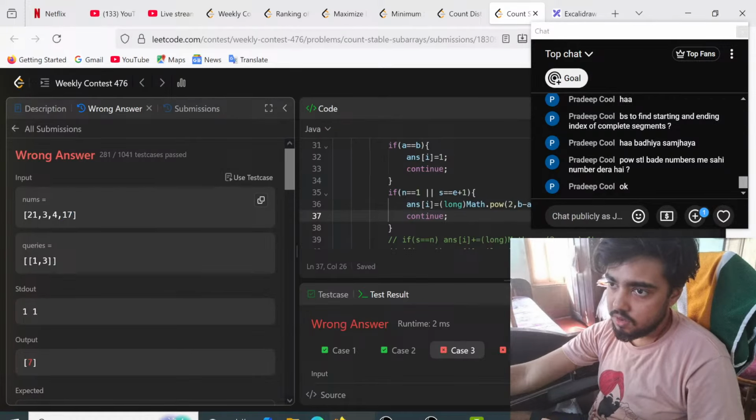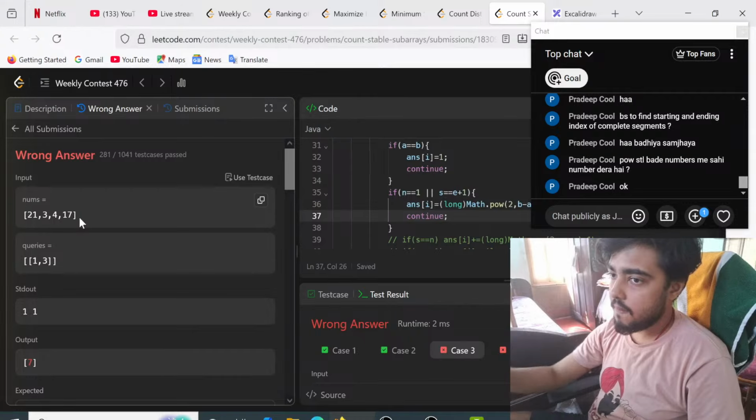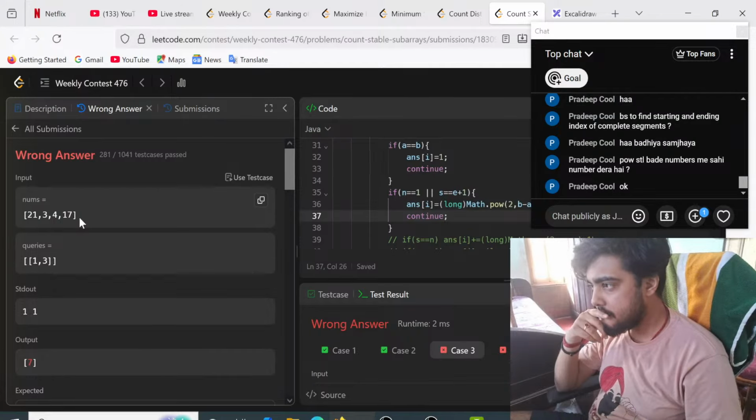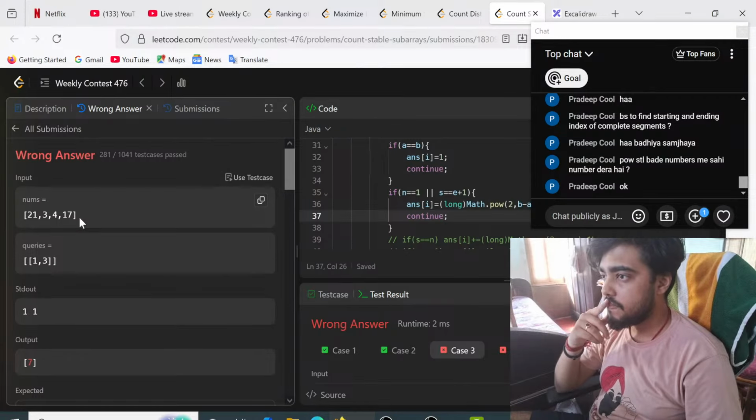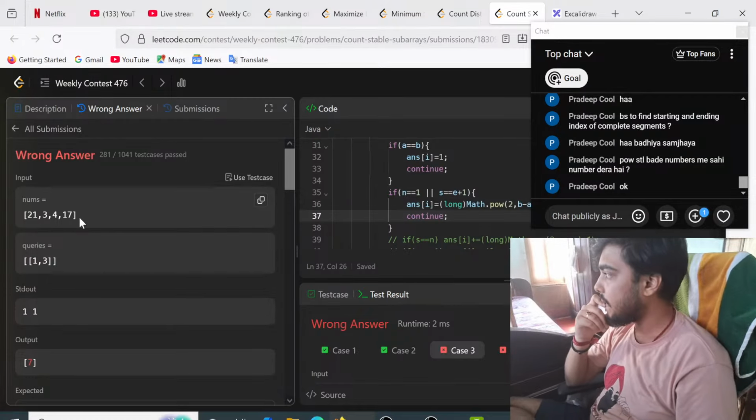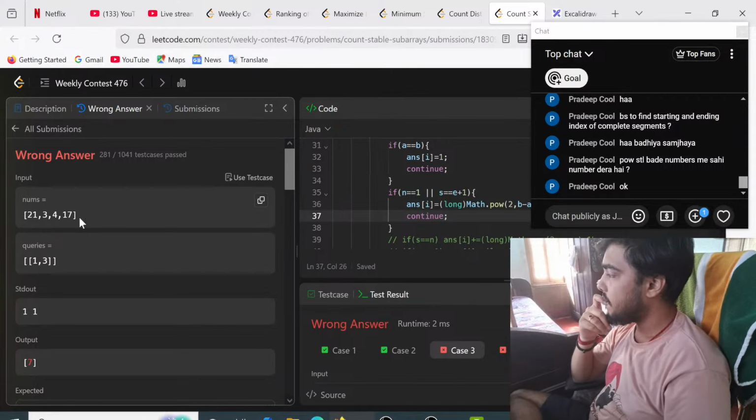Then 3 4 and 4 17. I got more, that's 5. And 3 4 17. I got 6. One plus 2 plus 3.